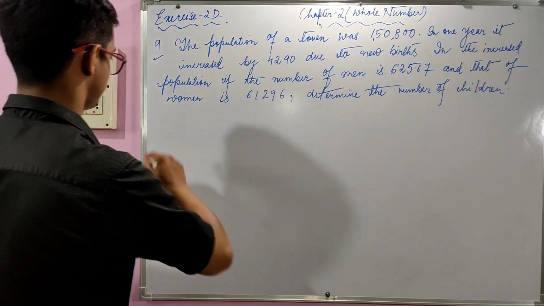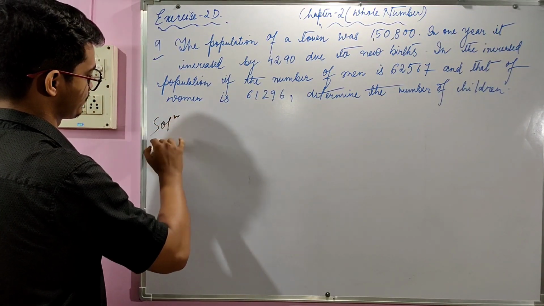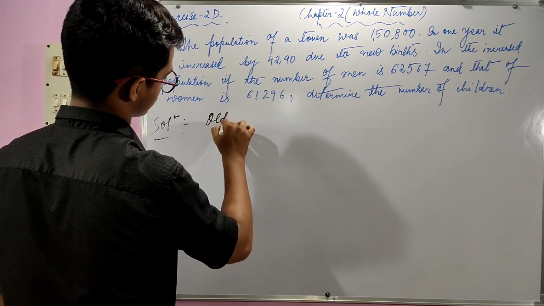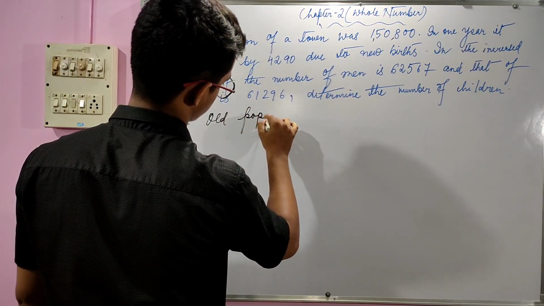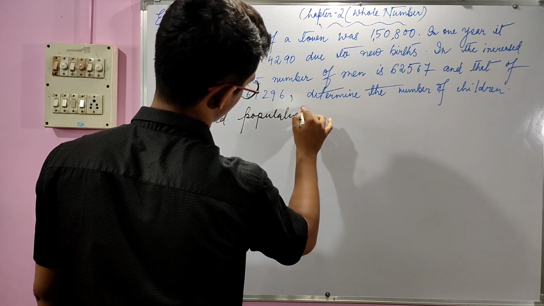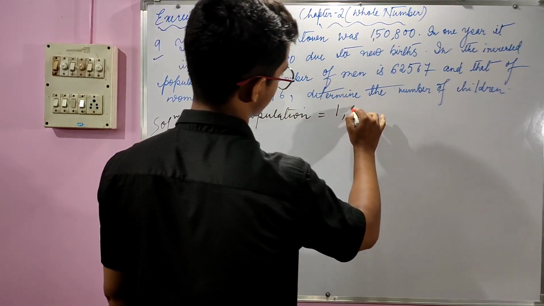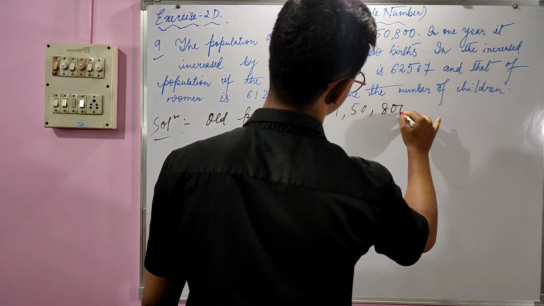First of all, how will I write it? Old population is equal to 1,50,800.